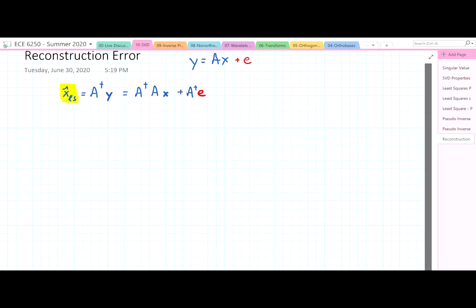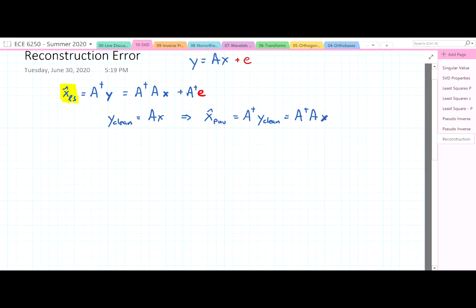We'll just say that y clean is equal to A times x. Correspondingly, x hat pseudo-inverse is just equal to A dagger y clean, which is A dagger A x.